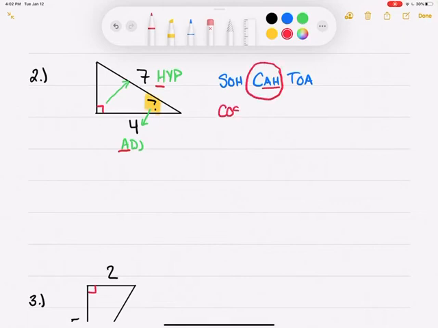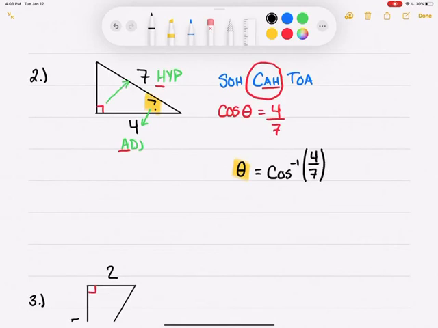So the cosine of our missing angle is going to equal the adjacent 4 over the hypotenuse 7. Again, we're going to get this angle by itself. I'm going to write my equal sign. Then I'm going to write out the inverse of cosine and my fraction in parentheses.